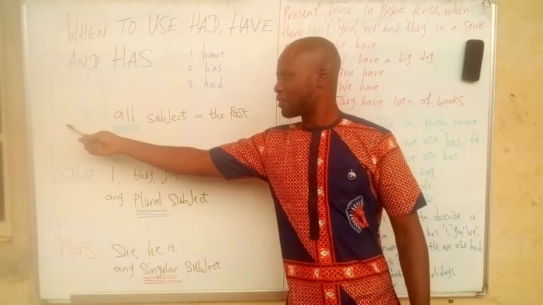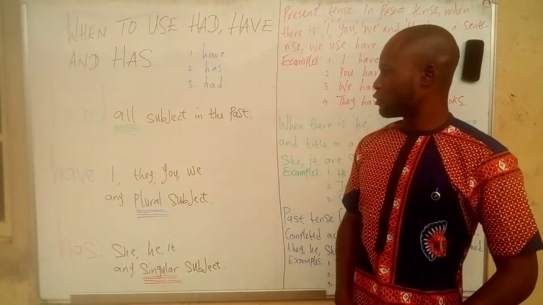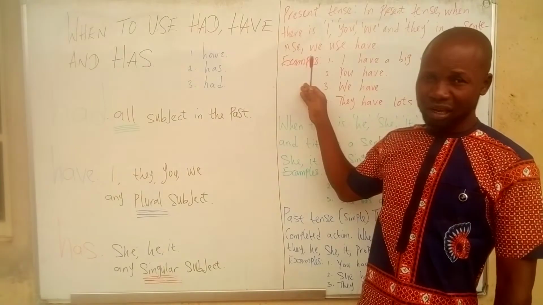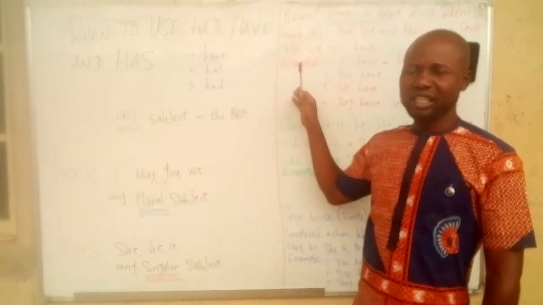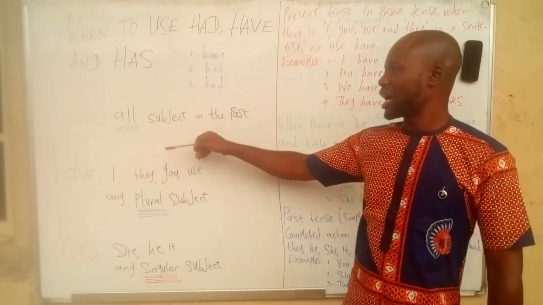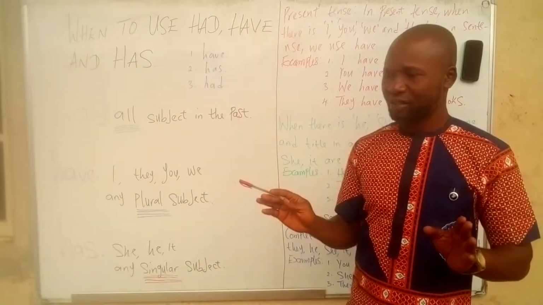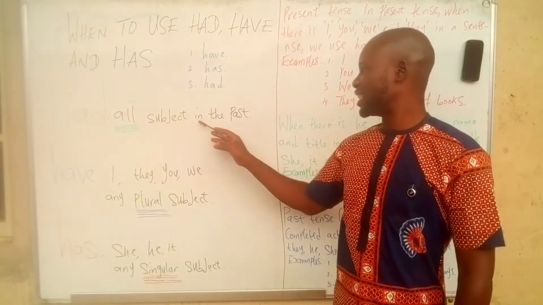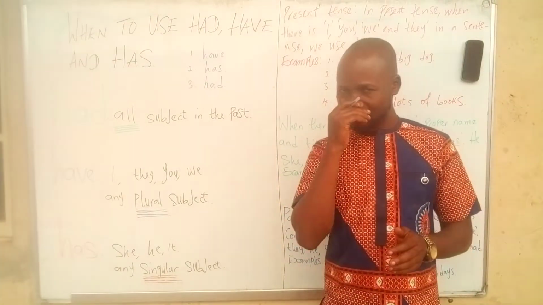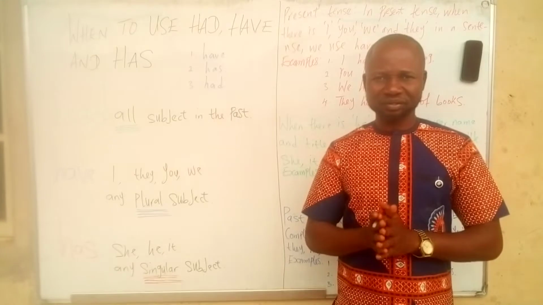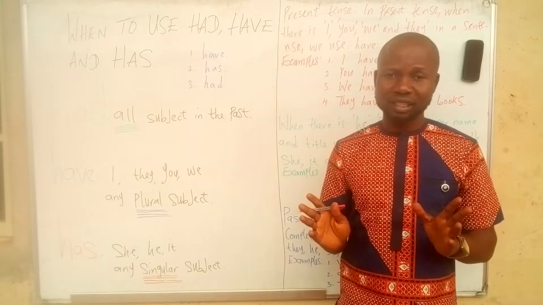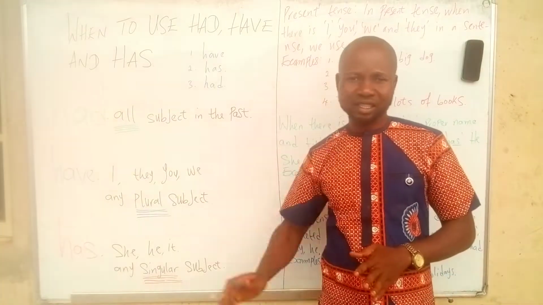The first one I have here is had. If you can get this concept, I have set little examples to buttress the point. We use had in all subjects in the past. When a sentence is in the past, that means an action that has been done and completed, we use had.